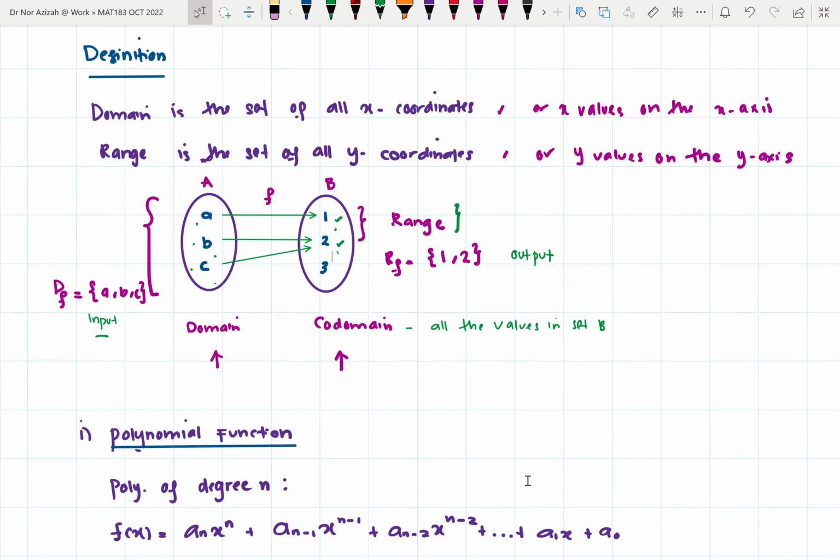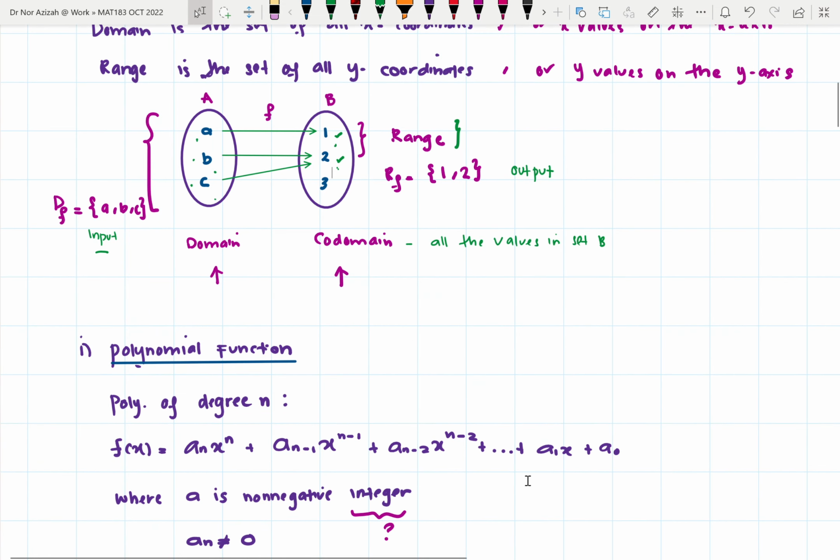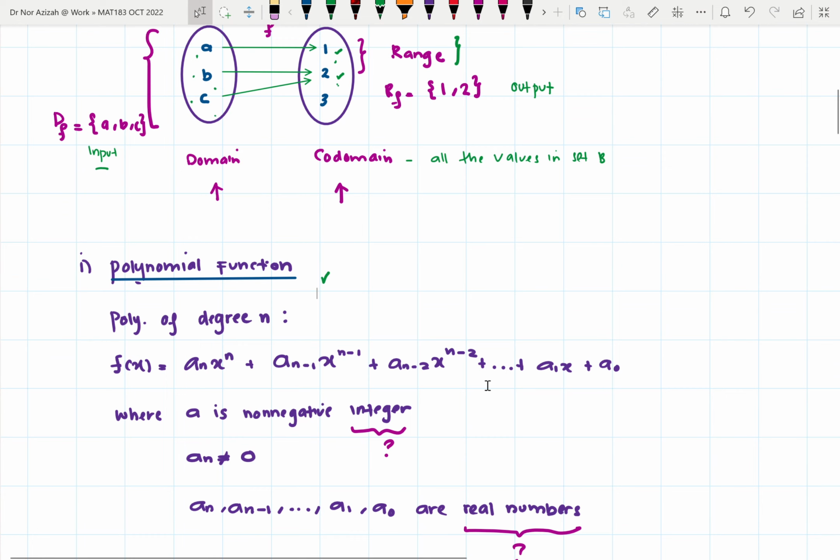So now look at the first function, that is polynomial function. Okay, so first you should know the general form of a polynomial of degree n. If you have f(x) here, or sometimes we also use p(x), or you also can use y equals f(x).